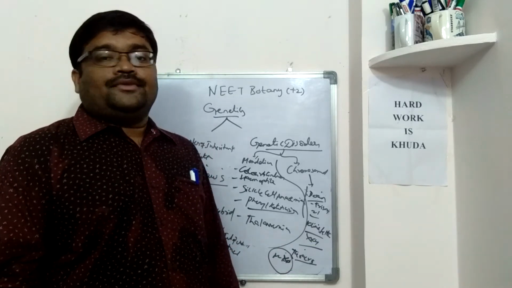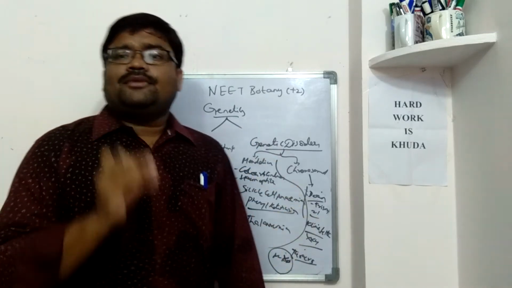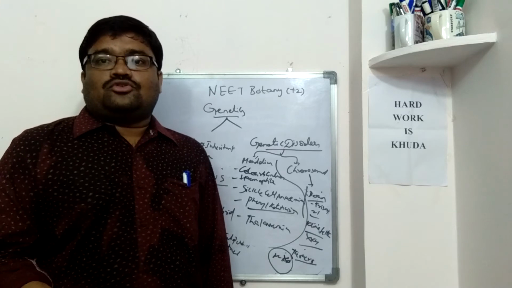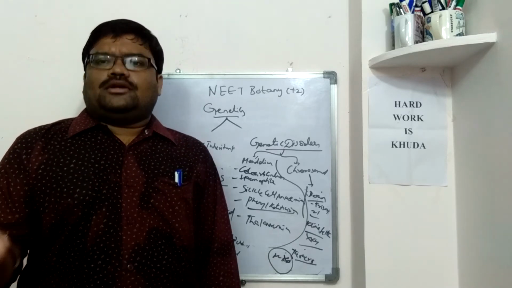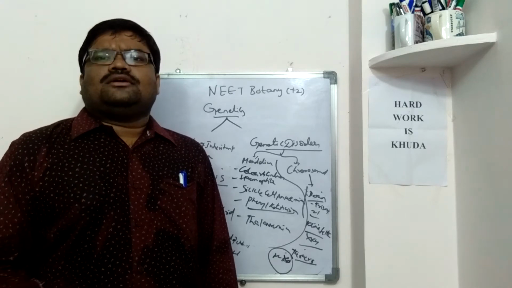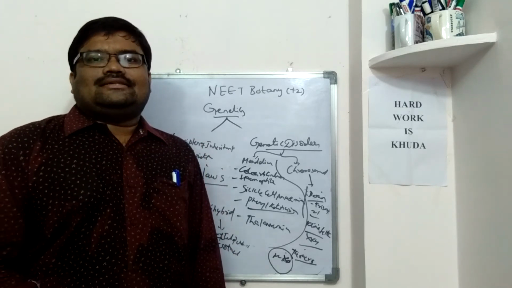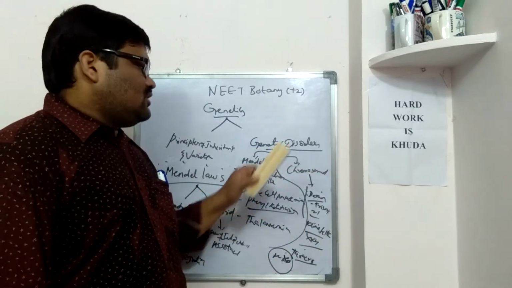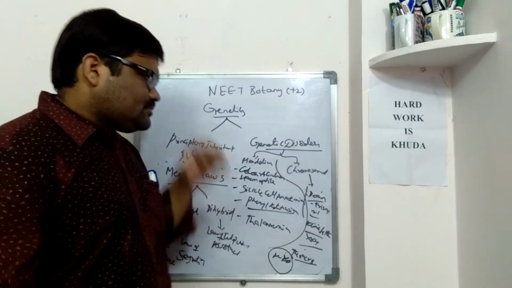That is monosomy. In examination, they might ask whether Down syndrome or Klinefelter syndrome results from trisomy X, trisomy 21 or trisomy 16, like that. So we have to understand these things. These are the different things we have to cover under genetic disorders.